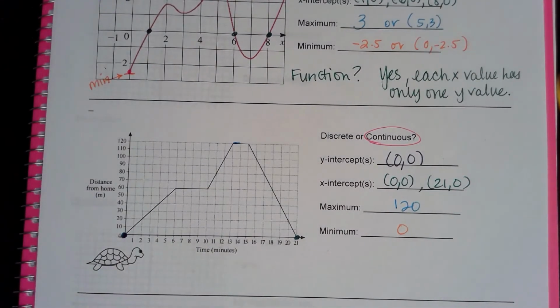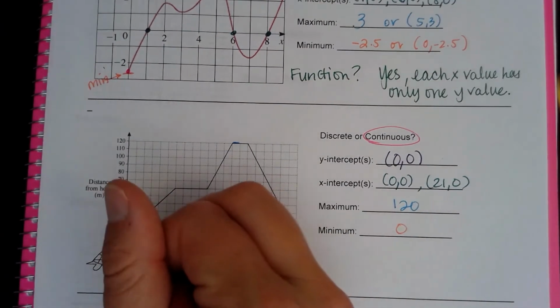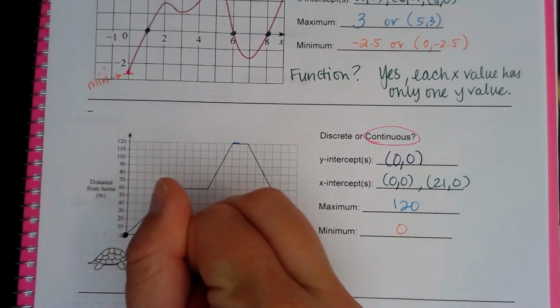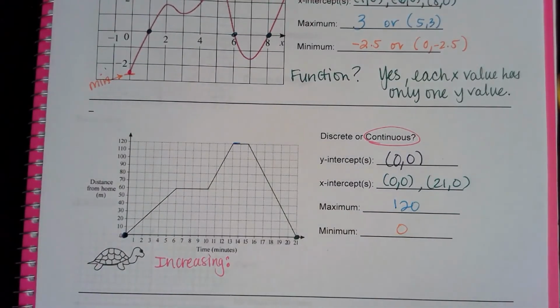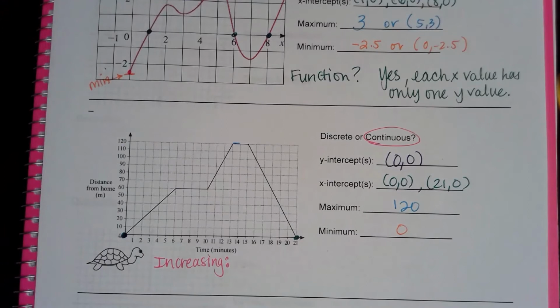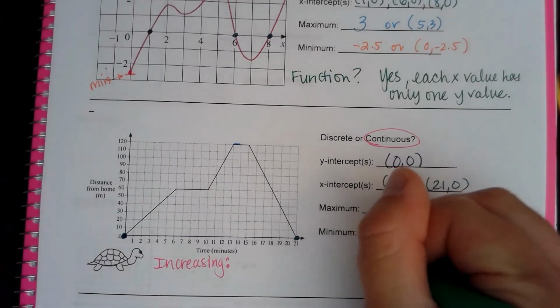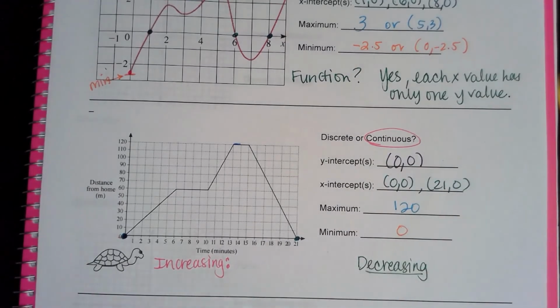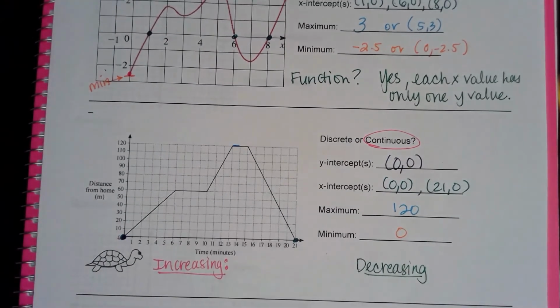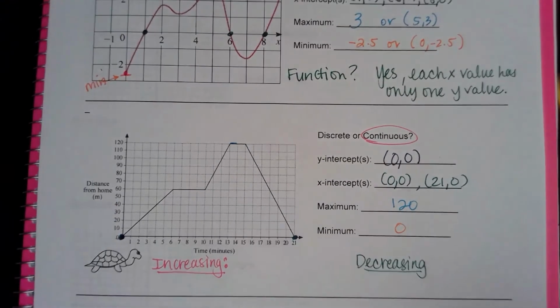Just while we're looking at this graph, some good things to also notice, since we are talking about key features, are when is it increasing and when is it decreasing? Okay. So we can write it in words and then we can write it in inequalities.